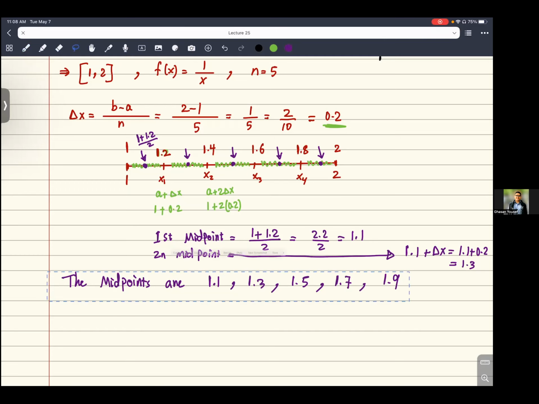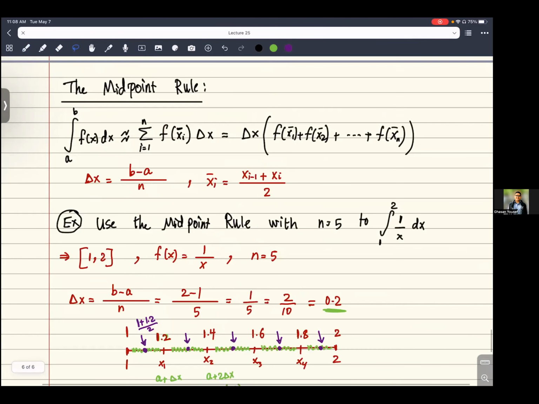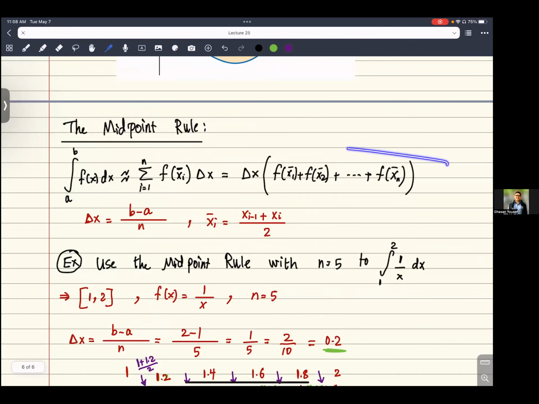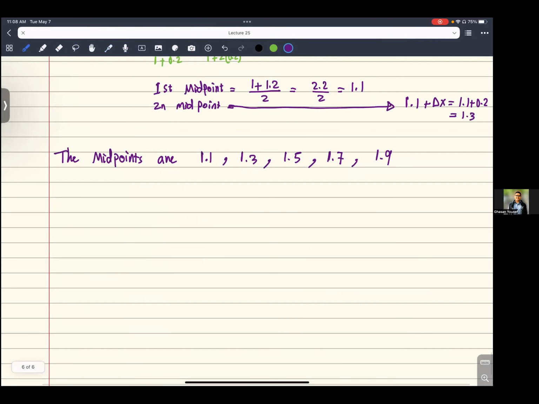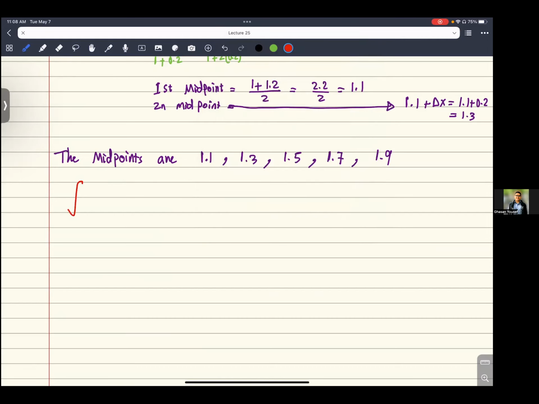Okay, so here are the midpoints. I'm going to use the formula now. Going back to the formula, here is the formula. The integral is the same as delta x times f of the first midpoint plus f of the second midpoint up to the nth midpoint.